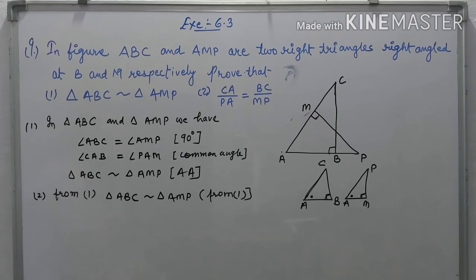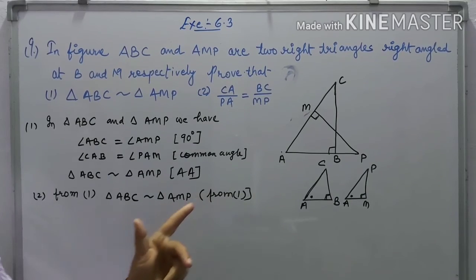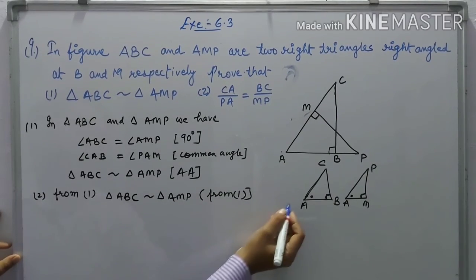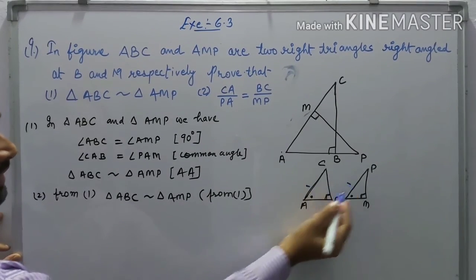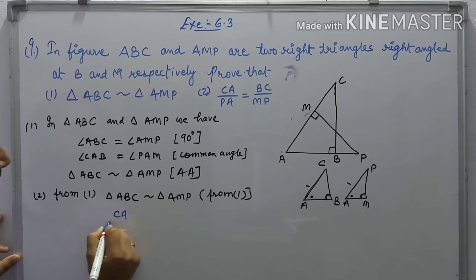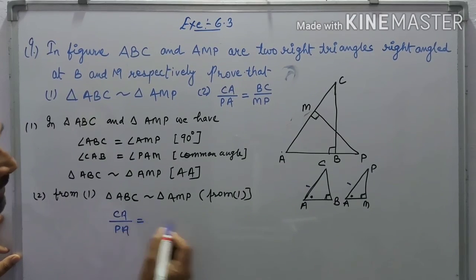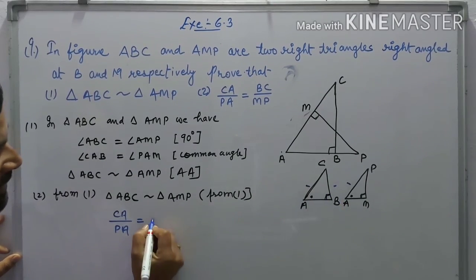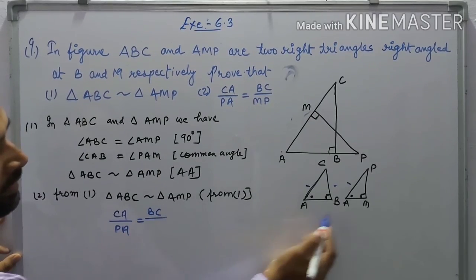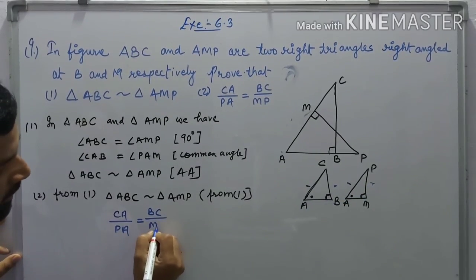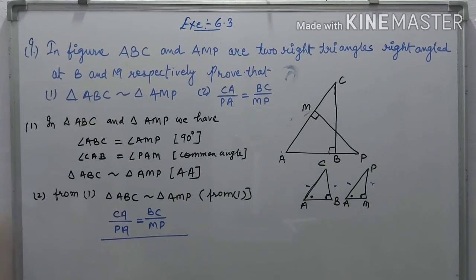The two triangles are similar, which means their sides are in the same ratio. So write the ratios, one side to one side: CA upon PA equal to BC upon MP. So this is the second solution.